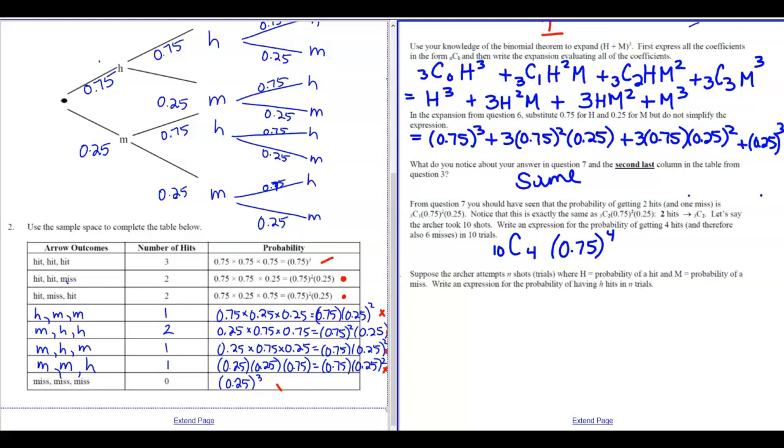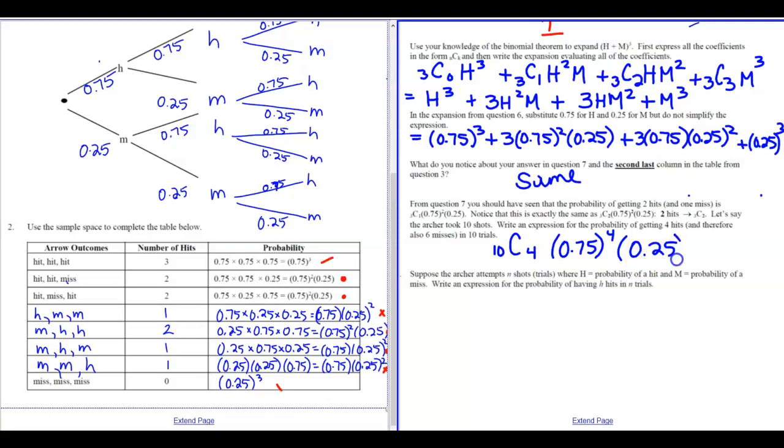So back at your table of values. 0.75 for every success. Here we're told we have 4 successes, 4 hits, so we need to have an exponent of 4. Okay, then the misses will be 0.25 to the 6.